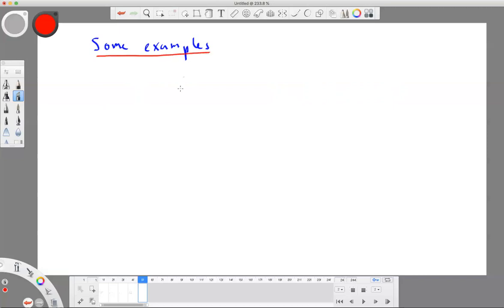So let's see, for example, if we have this diagram here, in black now, and we have the interaction, the bubble. We first start with the momentum balance.